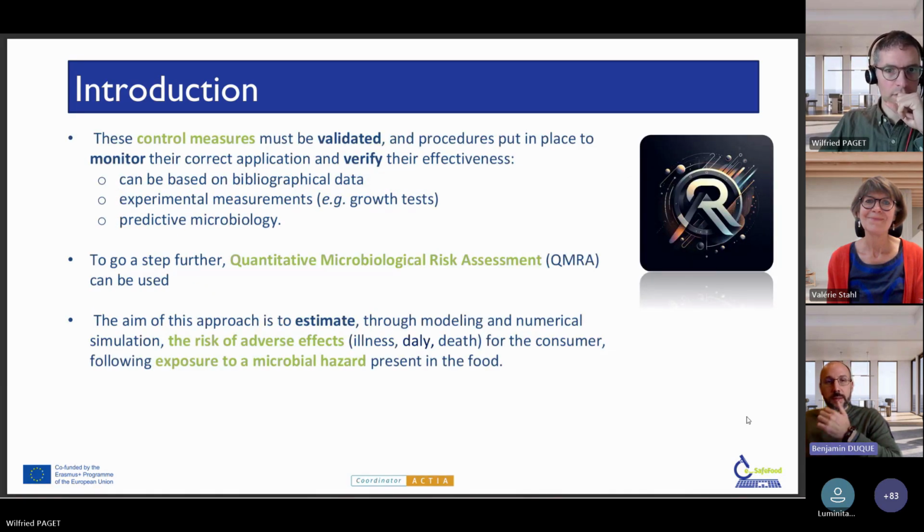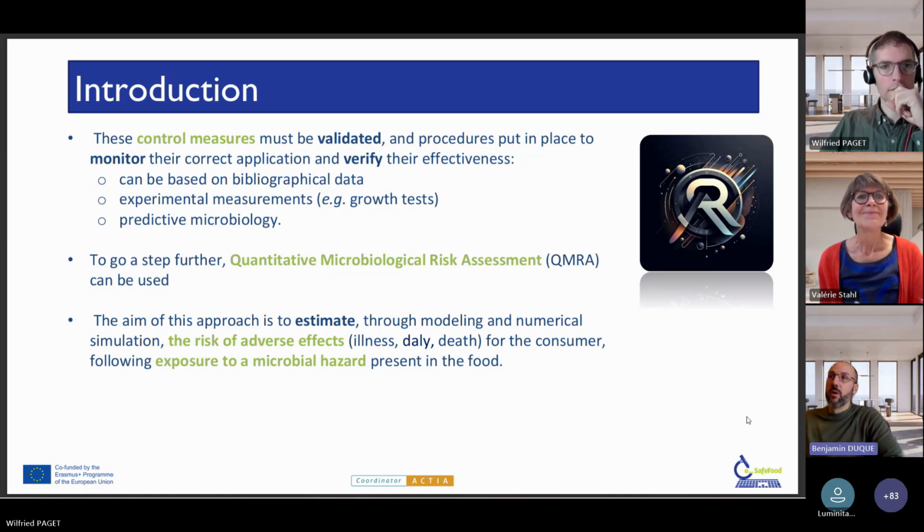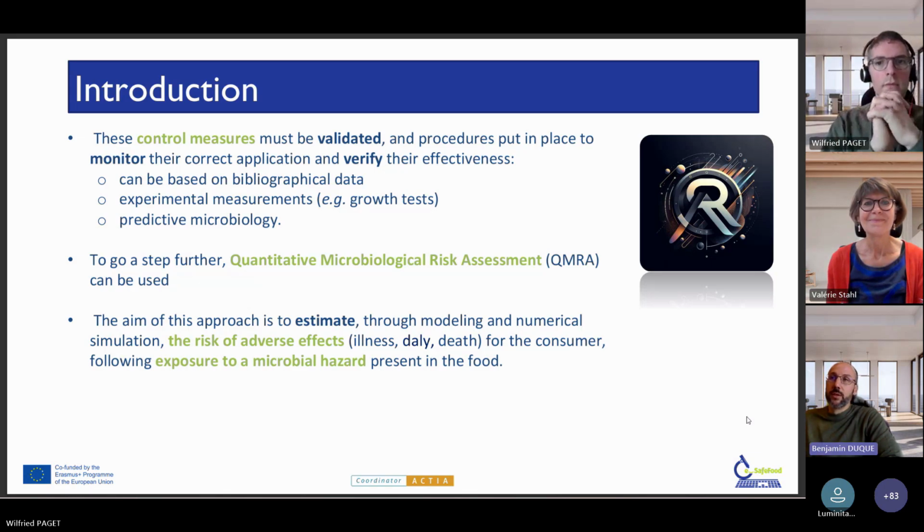In the food industry, control measures must not only be identified, but they also need to be validated. Companies have to implement monitoring procedures to verify that these measures are effective. This verification can be based on experimental measurements with challenge tests, for example, or the use of predictive microbiology that you can find in the microbial shelf life module if you want to know more about this.